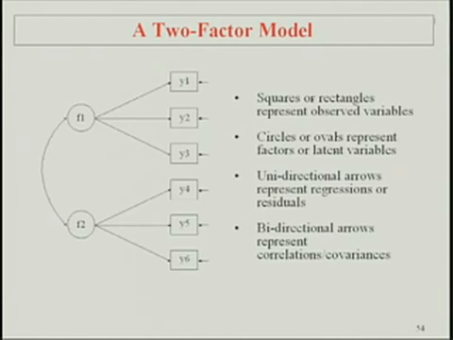Slide 55, this example is written out in detail in equation form, which in matrix form would be y equals nu plus lambda f. We use the term f here instead of eta. F and eta will be used interchangeably.